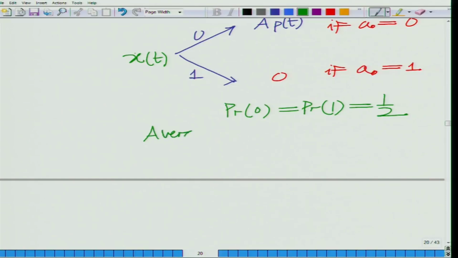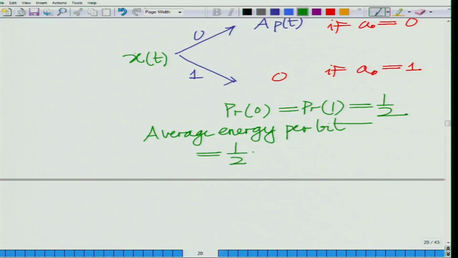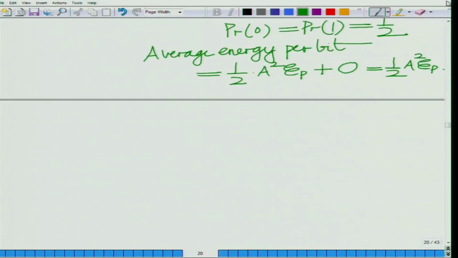Now, the average energy per bit is equal to half, corresponding to 0, A squared times the energy in the pulse, plus corresponding to bit 1 you are simply transmitting 0. So, the energy of that will be 0. So, this is simply half A squared E_p.